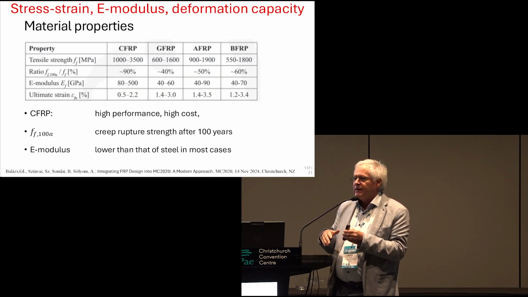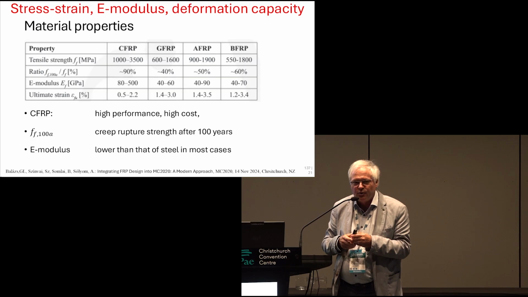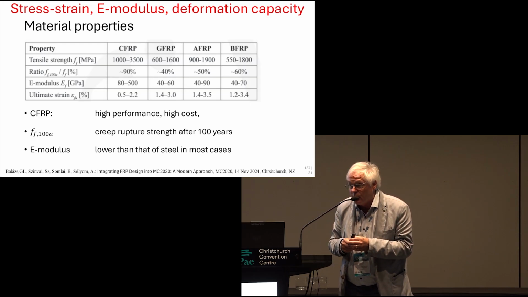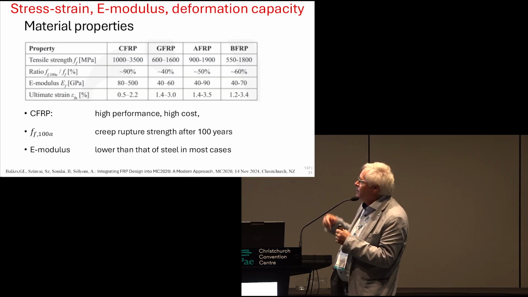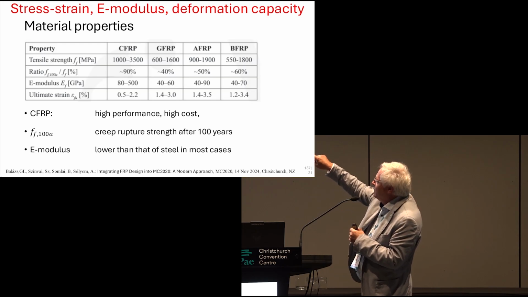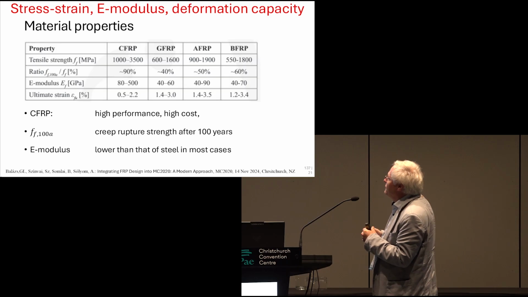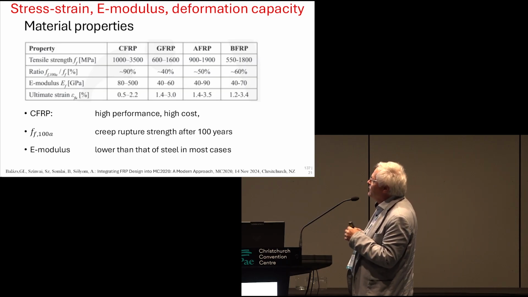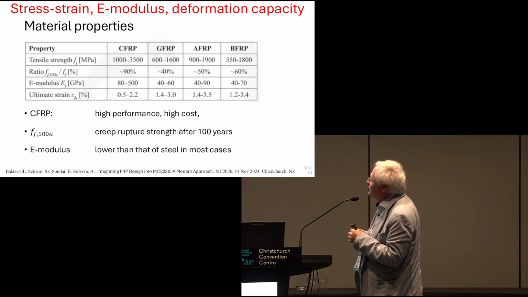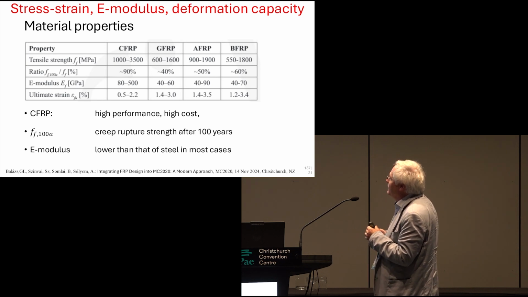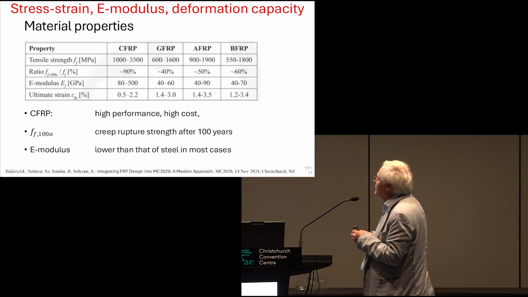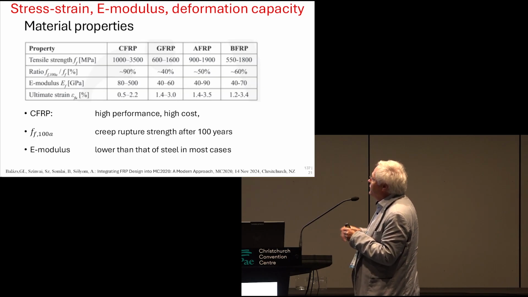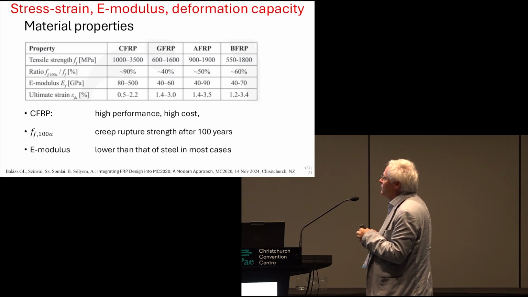So very important, and we are going in this direction, that in design the long-term value of FRP will be used. This is mentioned also, as you can see here. For carbon fiber, CFRP, it is about 90% after 100 years. There are different values for GFRP, AFRP, and basalt fibers, BFRP, somewhat lower than for carbon.